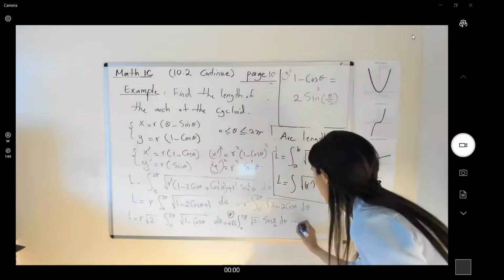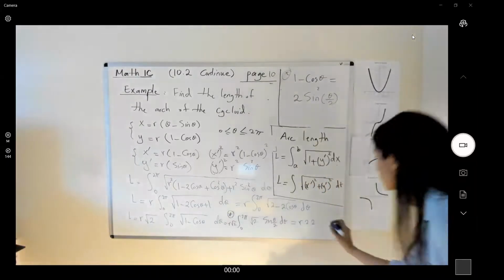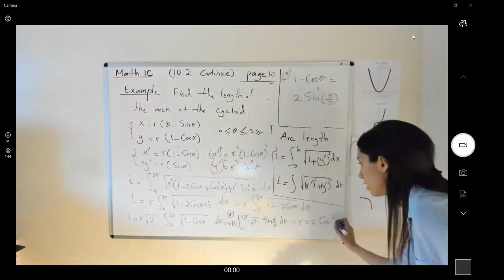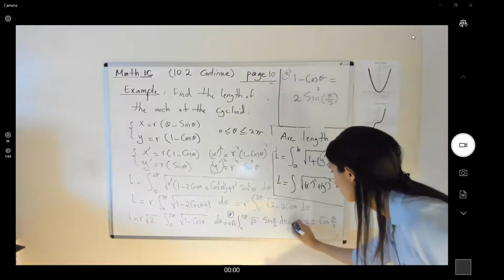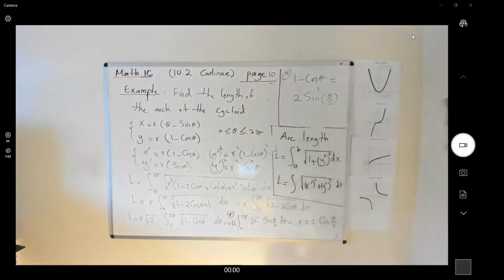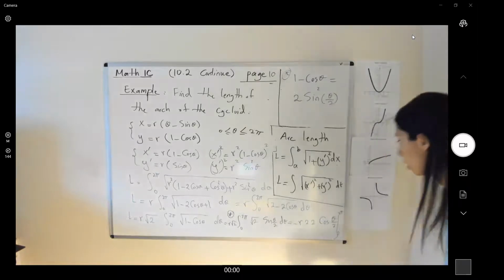So eventually you get r times 2 cosine of theta divided by 2. Remember that we have a negative sign in front of it, and theta ranges between 0 and 2 pi.